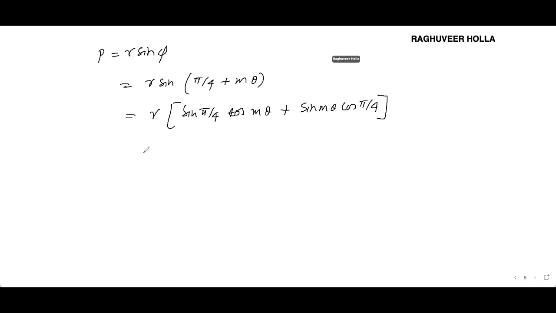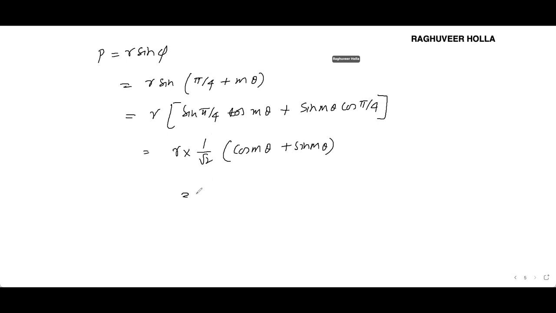Okay, and then further substituting, now this will be r multiplied 1 by root 2 cos m theta plus sine m theta.